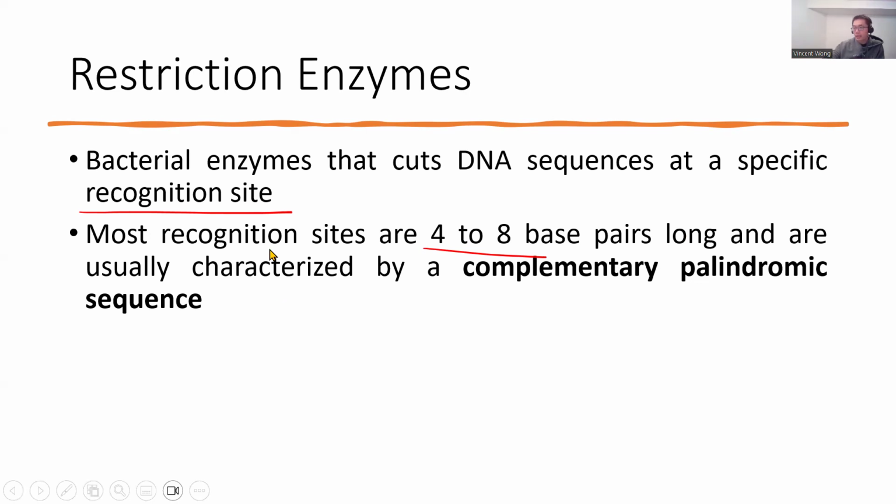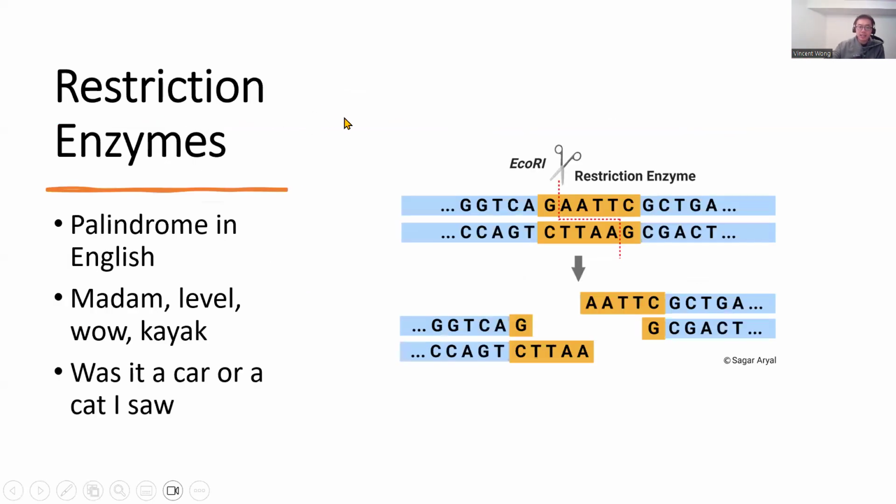A palindrome in English is something that spells the same forward and backwards. Like madam. If you spell madam forward and backwards, it's the same. That's a palindrome. Level, wow, kayak. This is a very long palindrome: Was it a car or a cat I saw? If you read it backwards, it's the same thing.